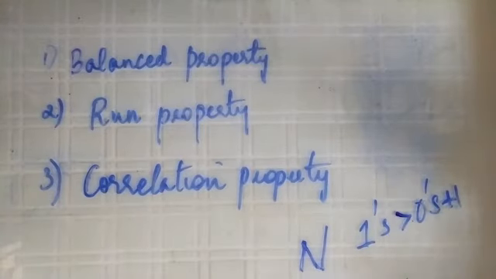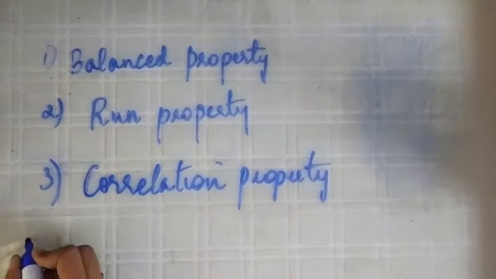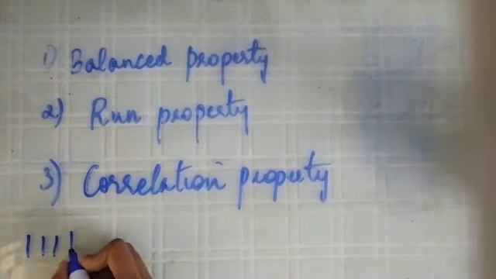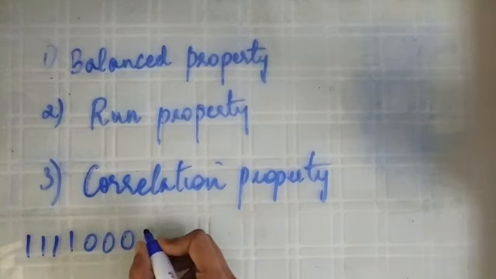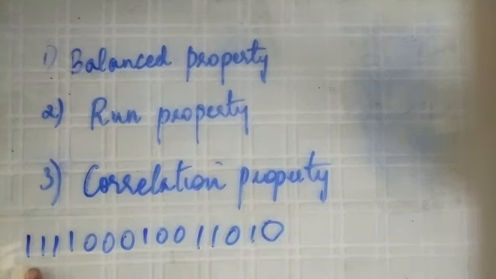Let me take an example to explain this property in a better way. Let's consider a sequence, let's say 1, 1, 1, 1, 0, 0, 0, 1, 0, 0, 1, 1, 0, 1, 0. How many bits are there? 4 plus 3, 15, right?